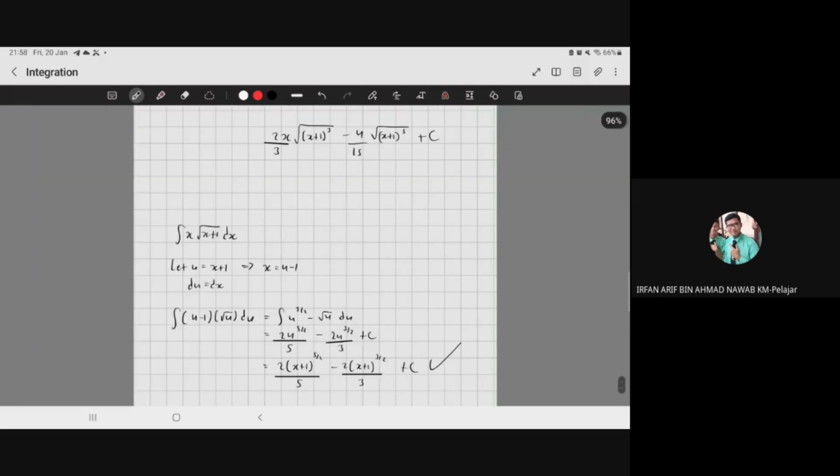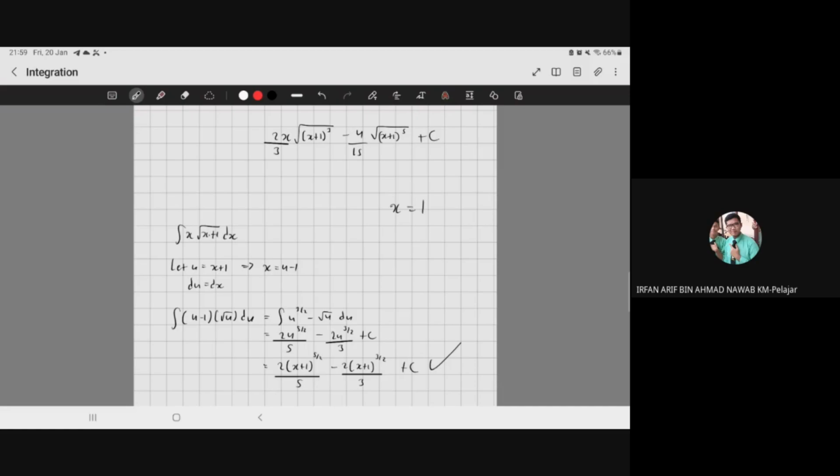Let me compare with... Okay, usually whenever I do this, I usually compare x is equal to, let's say, 1. One's simple. So 2/3, 1 square root of 2 to the power of 3 minus 4/15 square root of 2 to the power of 5.